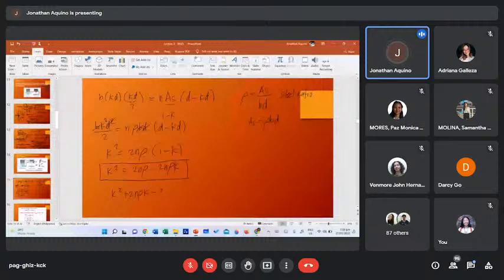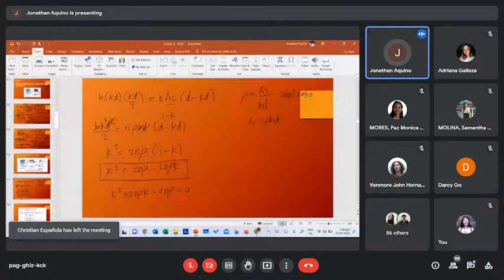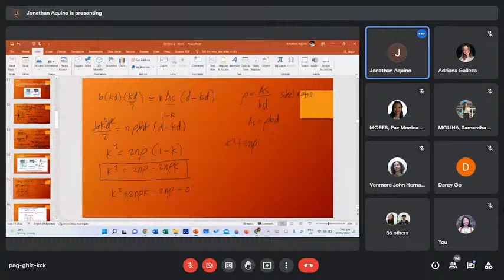So para ma-complete mo yung square mo, ano kailangan dagdag natin? Okay. So, just k squared plus 2n rho k is equal to 2n rho. So, anong kailangan natin dagdag dito para complete yung square?